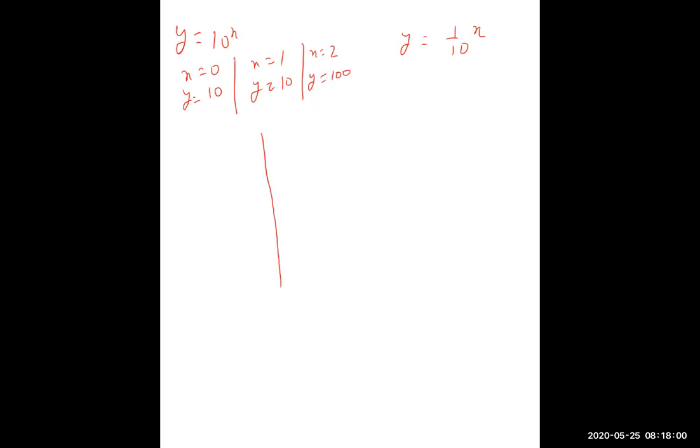So you can make a graph like this. At 0 it is 1. At 1 it is 10. At 2 it is 100, like this. This function is y = 10 raised to power x.